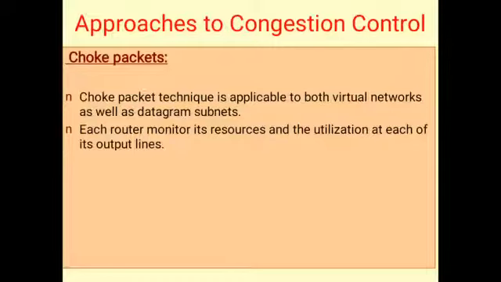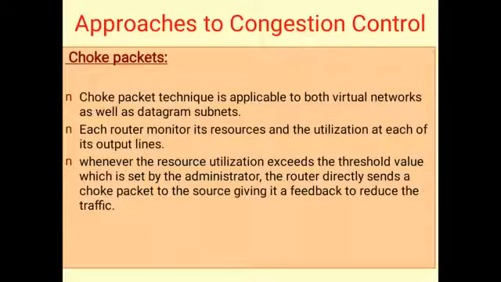To avoid that, each router regularly observes the resources and their utilization. If the complete resources are utilized and they are still receiving packets, then congestion will occur. To avoid those cases, each router monitors its resources and utilization at each of its output lines. For each and every output line, it observes the resources.